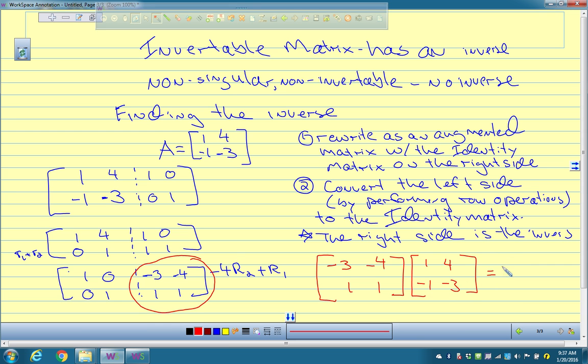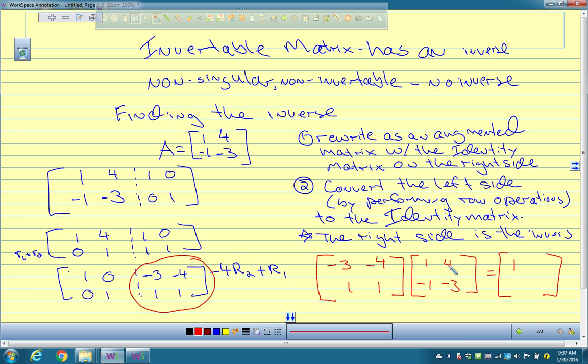When I multiply those together, negative 3 times 1 is negative 3, right? Negative 4 times negative 1 makes positive 4. What's negative 3 and positive 4? 1. Woo-hoo!